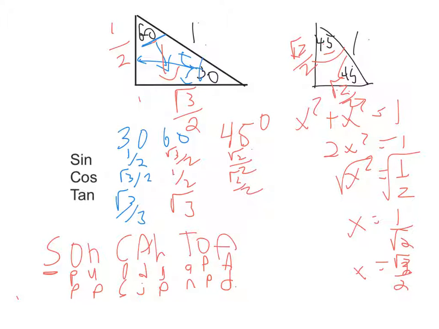And for tangent, root 2 over 2 divided by root 2 over 2. Anything divided by itself is just 1. If you can make a nice version of that chart and keep it somewhere, it's going to be very helpful when we do reference angles and figure out exact values of other angles.